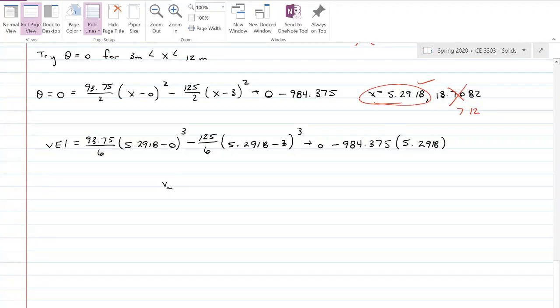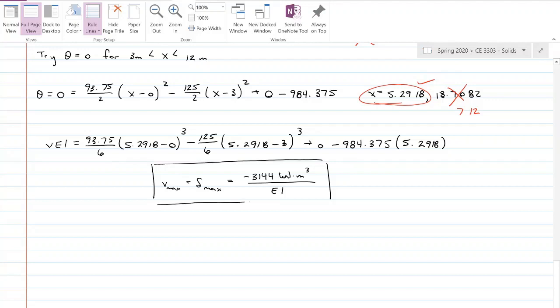Therefore, v max or delta max is equal to negative 3,144 kilonewton meters cubed all over EI. The negative sign indicates that the deflection is acting down, which it should because we're pushing down with the load.